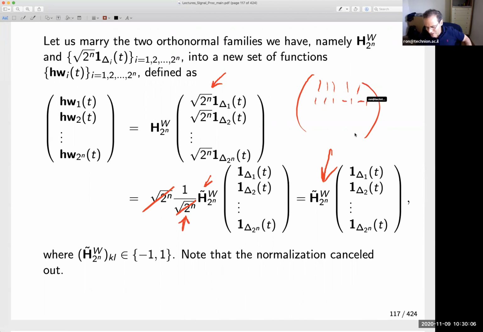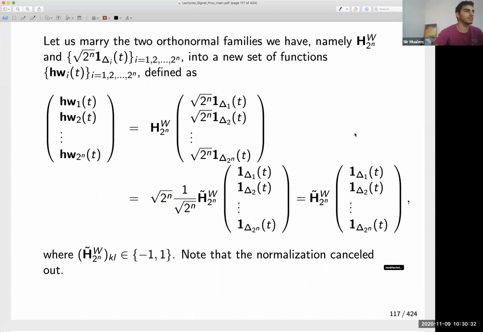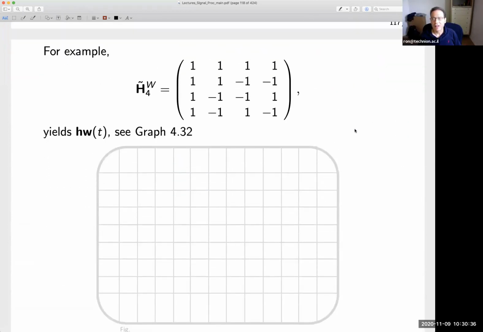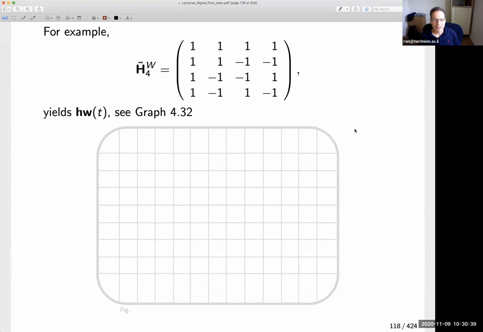This was the Walsh-Hadamard matrix, but throwing away these coefficients that multiply the ones. So this is where the tilde is coming from. It means that the entries of my matrix belong to 1 and -1. And what we note is that the normalization cancels out.